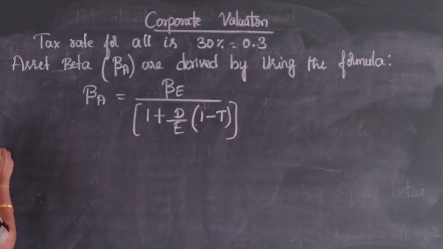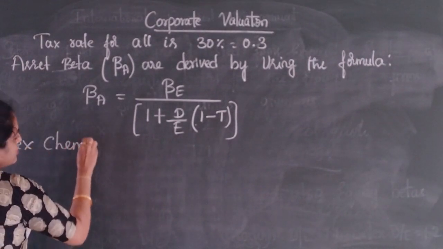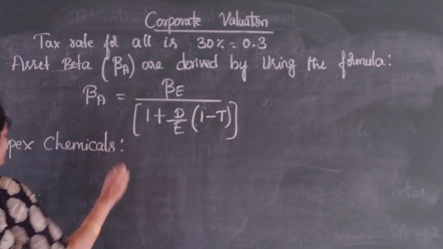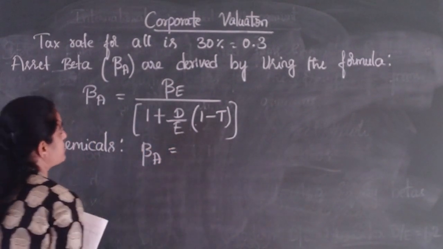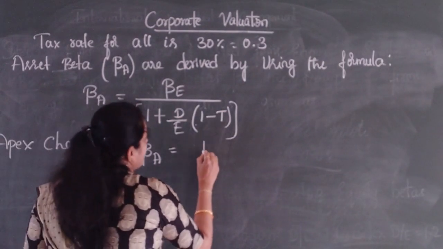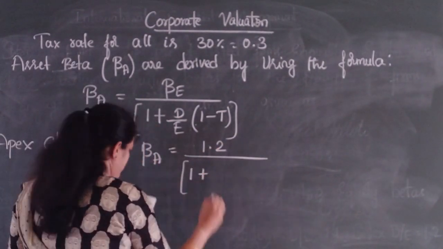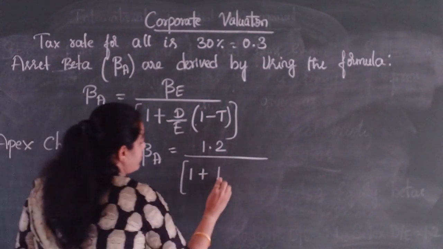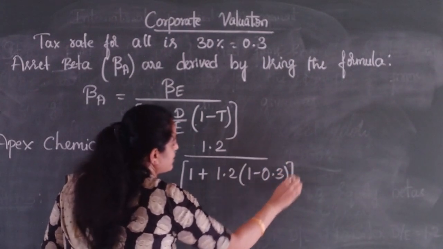First one, Apex Chemicals, beta A. Put those values in this equation. Beta E of Apex is 1.2 divided by 1 plus debt equity 1.2 multiplied by 1 minus 0.3, the tax rate.